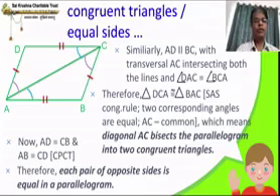So we have seen two theorems now. One is that diagonal AC bisects the parallelogram into two congruent triangles, and the other is that each pair of opposite sides is equal. You have to note down this point: each pair. AD and BC are one pair, and they are equal to each other. Similarly, the other pair is AB and CD, and they are also equal to each other. So each pair of opposite sides is equal in a parallelogram.